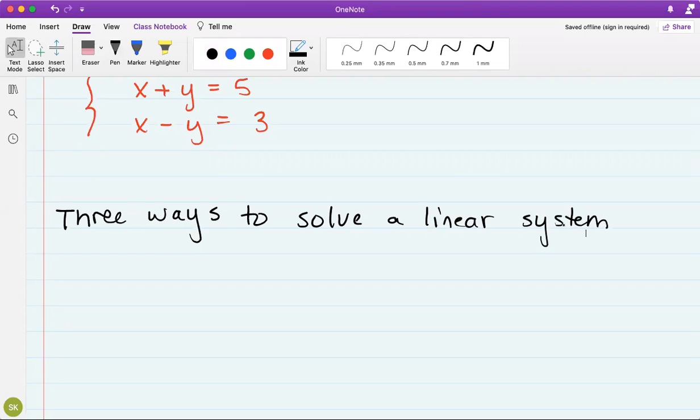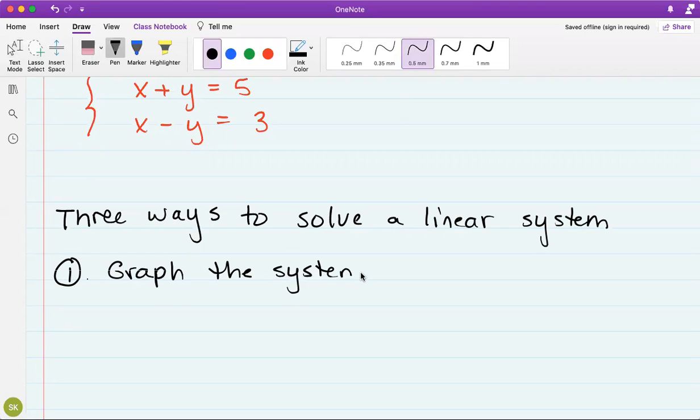And here again, we're focusing on systems that have 2 equations and 2 variables. The first way is to graph the system. So you're going to have 2 lines, and what you're going to do is see where they intersect.